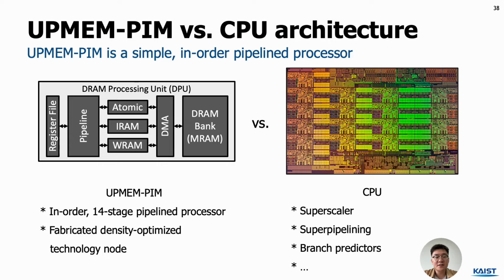While such a design decision was inevitable because the current generation of PIM processor is fabricated on a density-optimized technology node, future PIM architectures with more flexibility in area, power, and thermal budget can certainly consider relatively more aggressive, performance-oriented design points with higher operating frequency and ILP-enhancing microarchitectures.